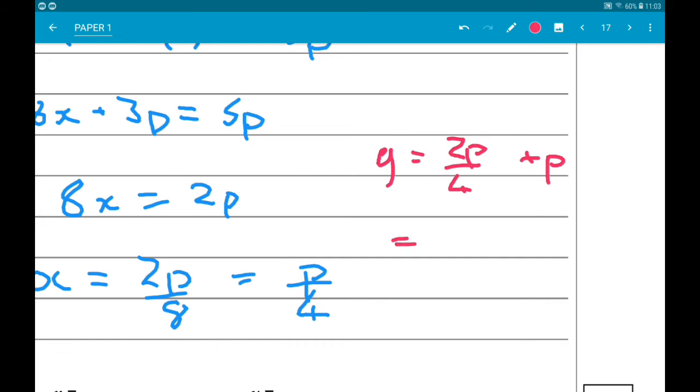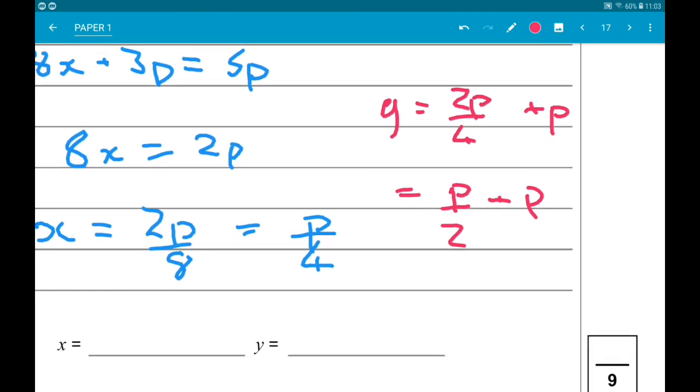Now 2p over 4 is half p, or p over 2. So we have p over 2, add 1 whole p, altogether then y is 3/2 p, or 3p over 2.